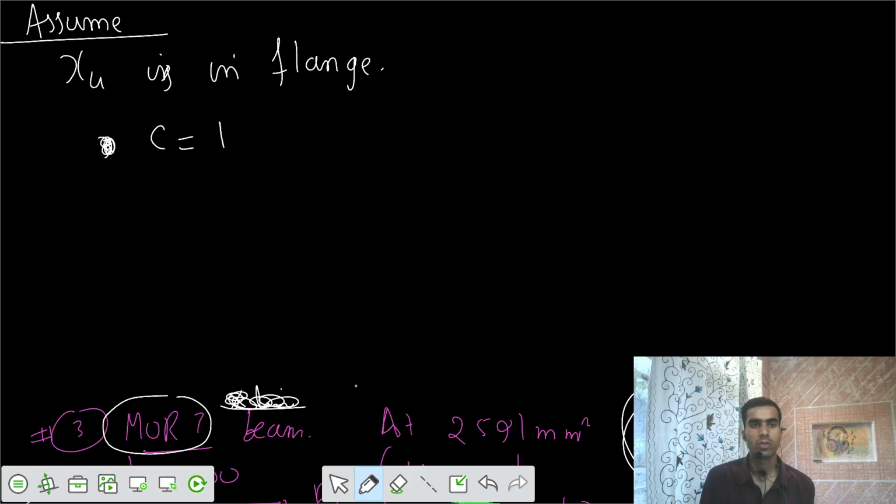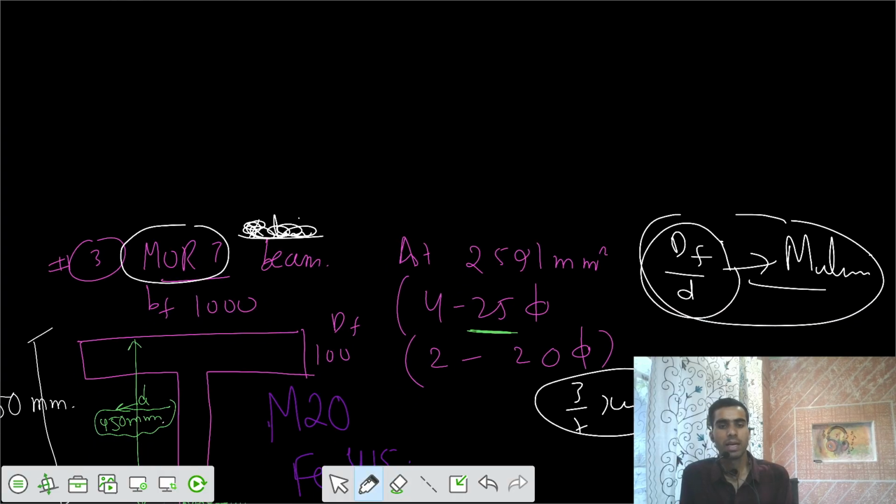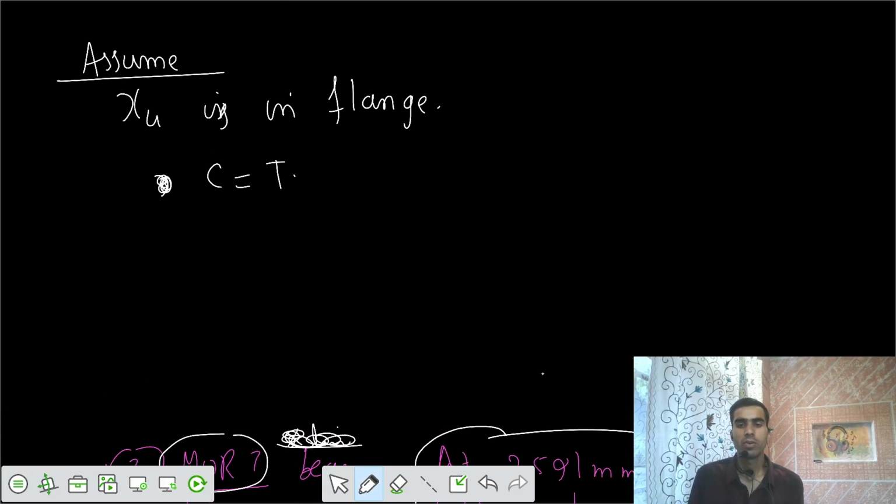that C force equals T force. If my data of Ast is provided, can I get the location of the neutral axis from this equation? If I know the value of Ast, I can get the value of xu.